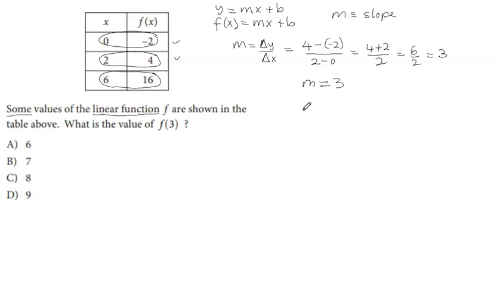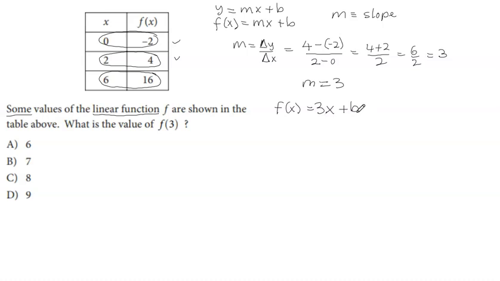Now I can write the function. So I can say f of x is equal to mx plus b. In place of m, I put 3, and then my x plus b. And from this one, I can get the b, which is the intercept.